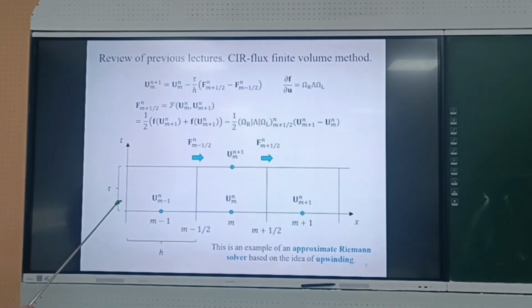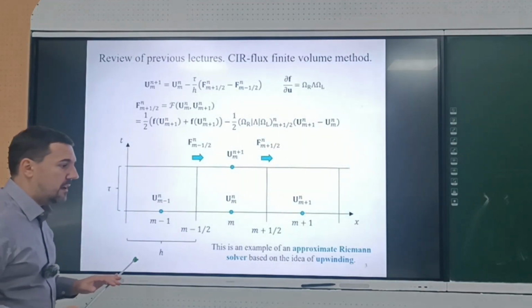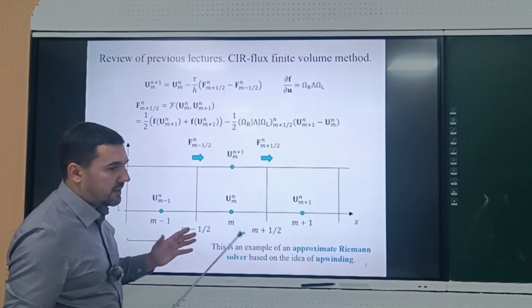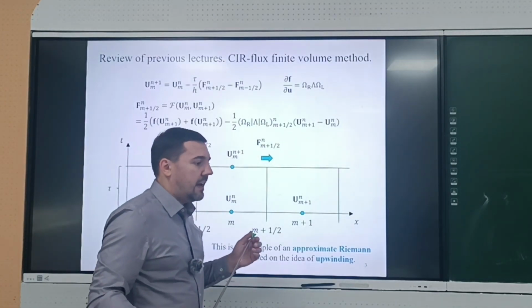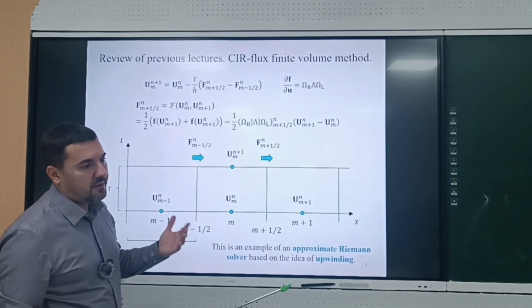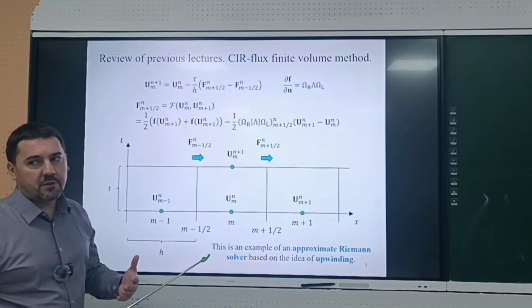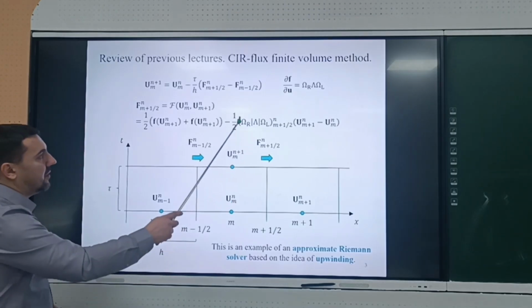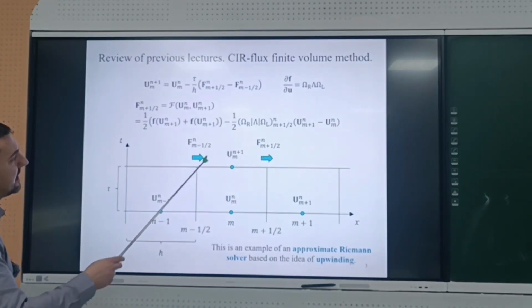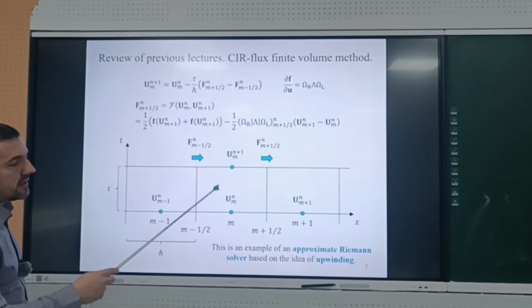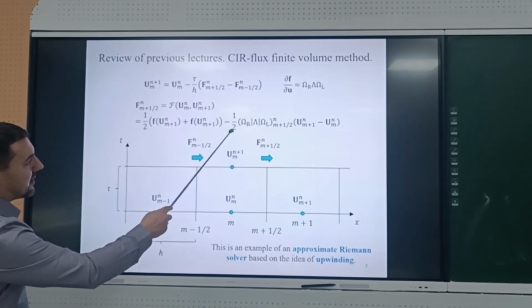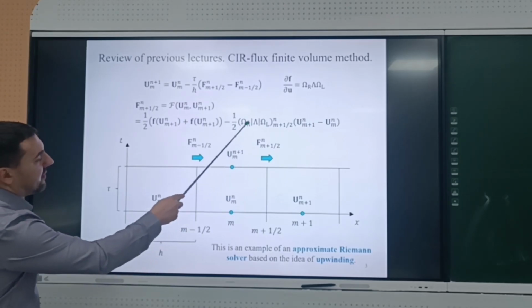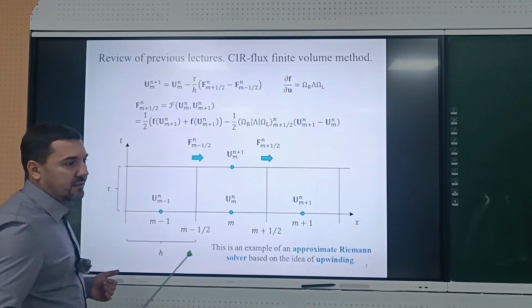For example, the next lecture will be about the multidimensional finite volume method, and we will discuss the issue of how we can generalize our 1D approaches to 2D or 3D. The very convenient thing about this numerical flux is that it can be directly generalized to 2D and 3D if we substitute this matrix Omega R, Lambda, and Omega L from 1D to 2D.